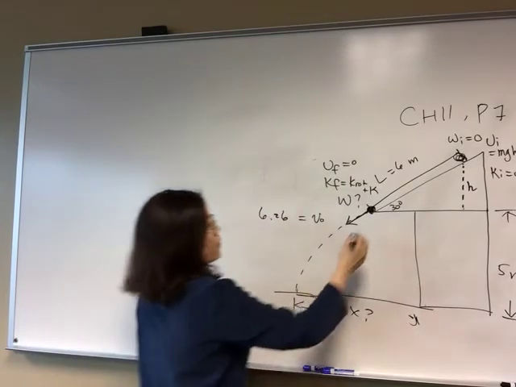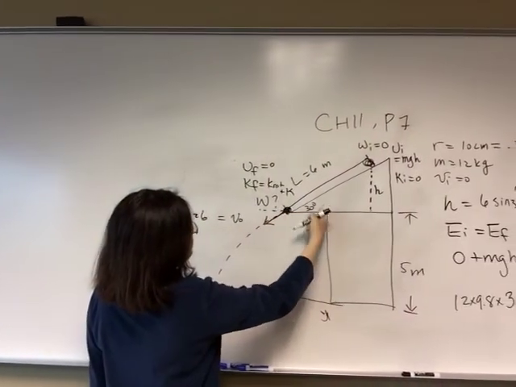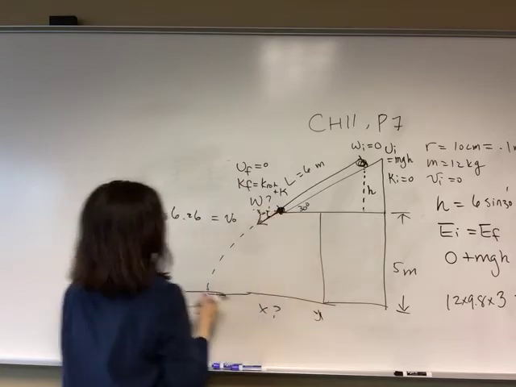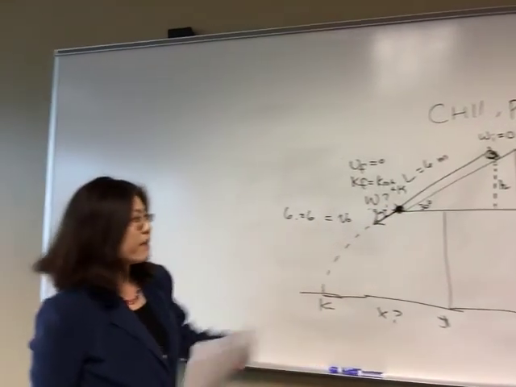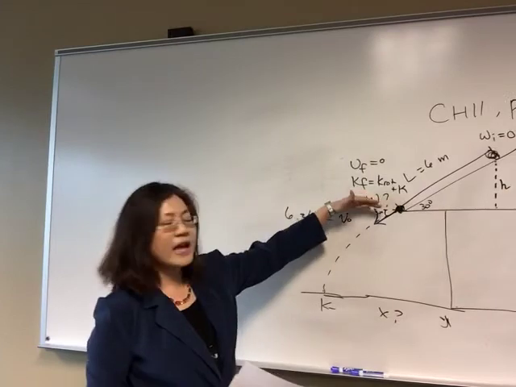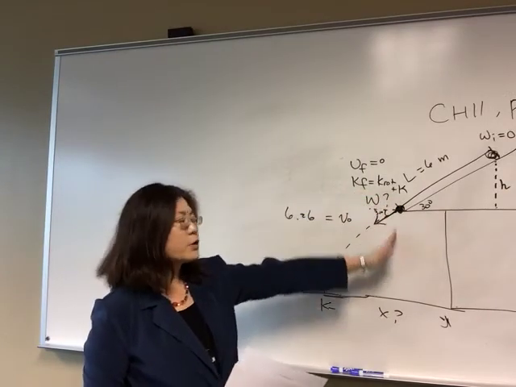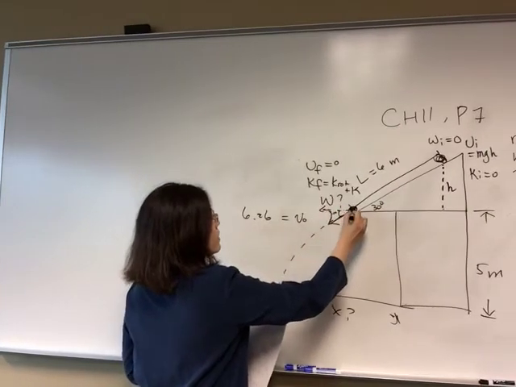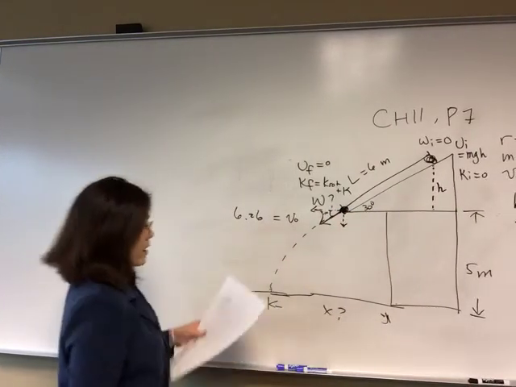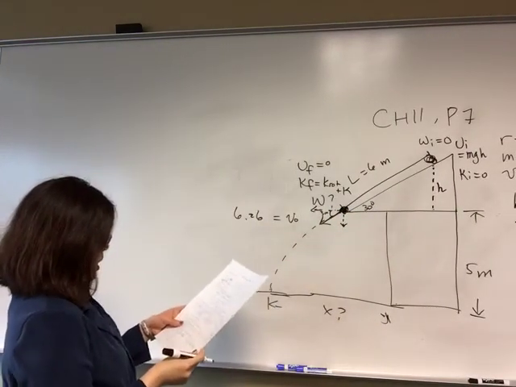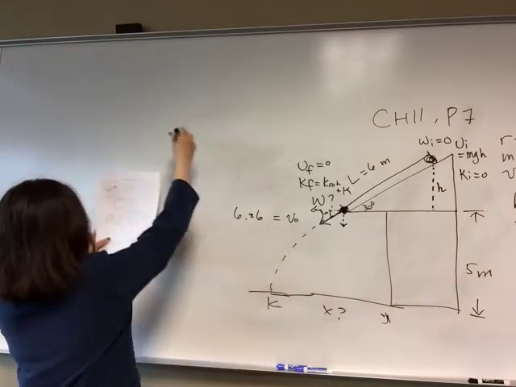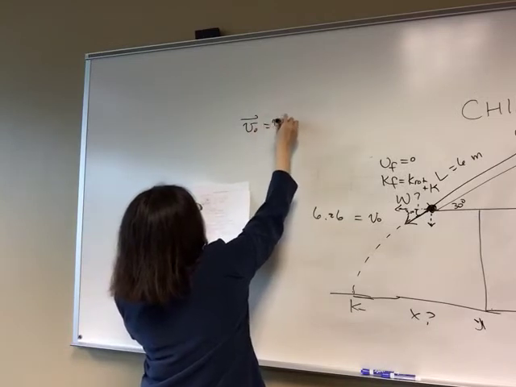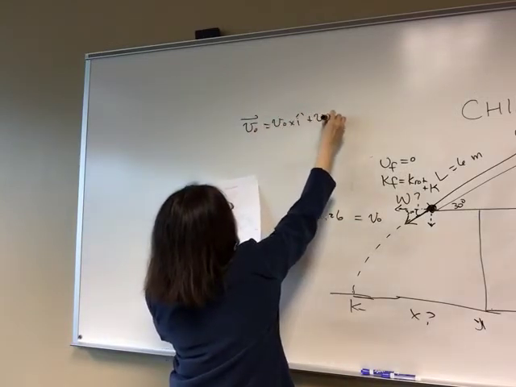Okay, and what about the angle? So this is your angle. Your angle here is 30 degrees. So you can express this initial velocity at that point as having a negative horizontal component and also a negative y component. So let's do that. Your v naught now is v naught x i hat plus v naught y j hat.